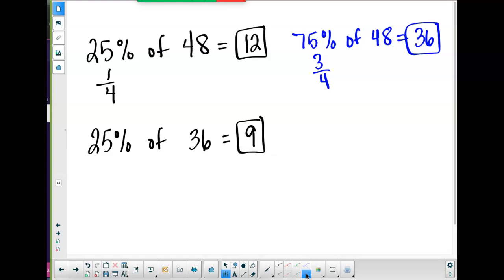Okay, 25% of 36 is 9. What's 75% of 36? This is 3/4. This was 1/4. So I have to multiply it by 3.